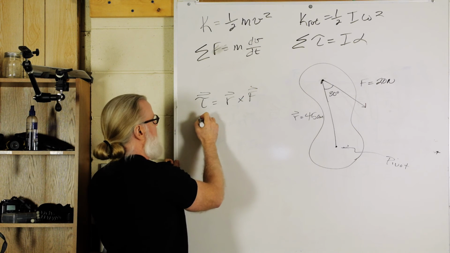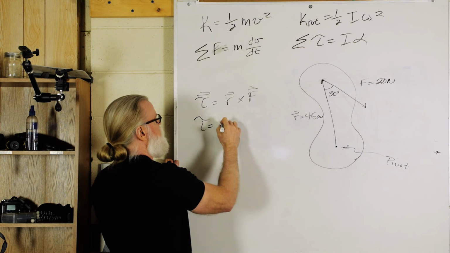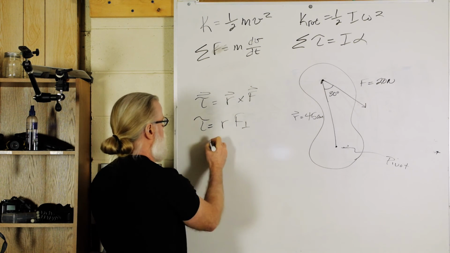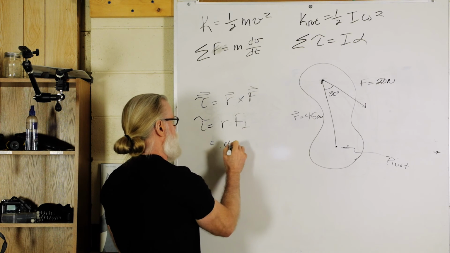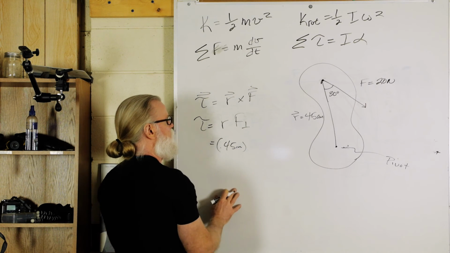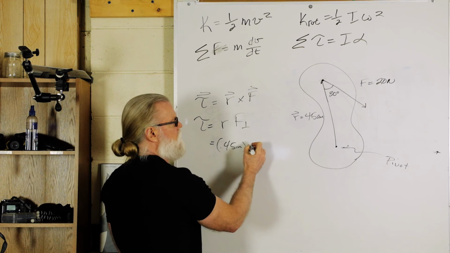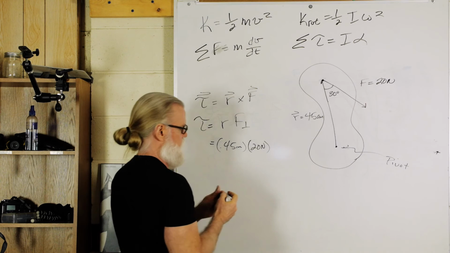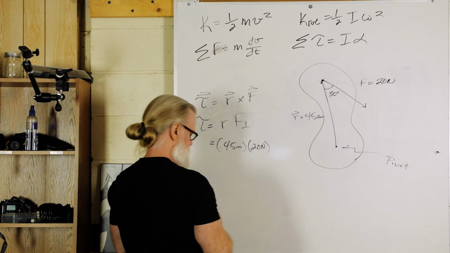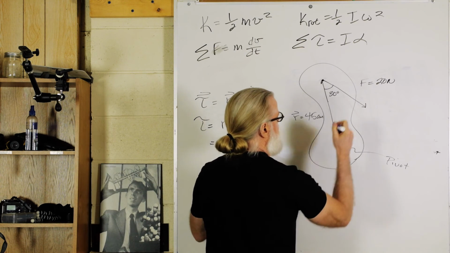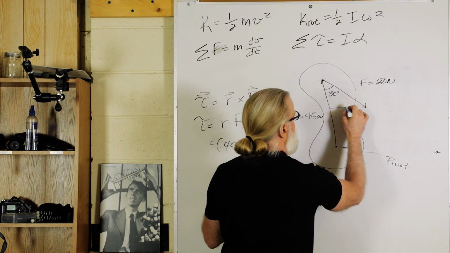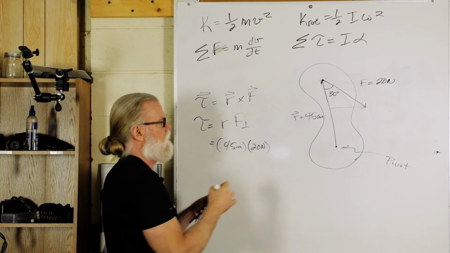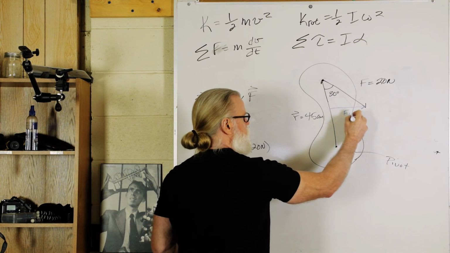So let's first try r times F perpendicular. All right, so r is 0.45 meters, and F perpendicular is going to be 20 newtons times, I want the perpendicular component, right? That's going to be right there. This is F perpendicular right here.